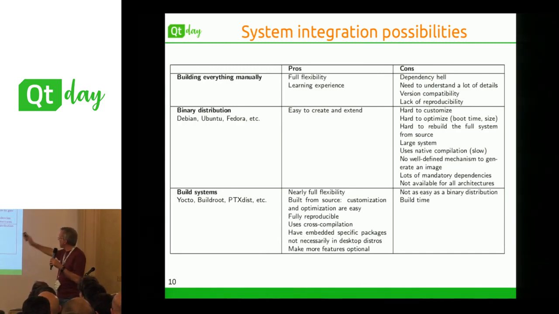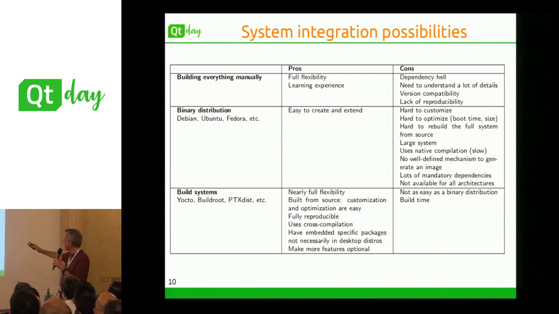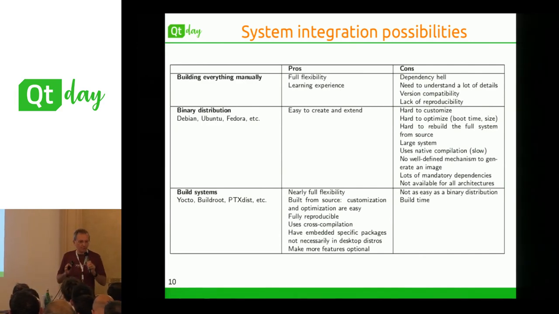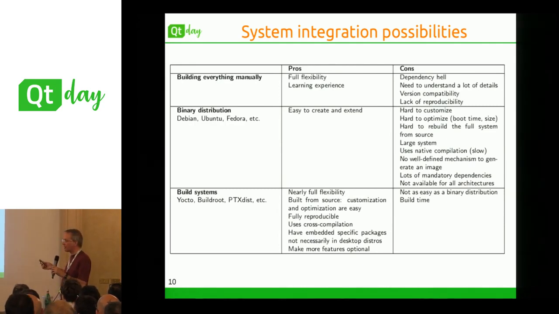The pros and cons of the choices you have are listed here. When you have the binary distribution, you have an easy way to start, but a very hard time cutting off everything you don't need to reduce the size and the memory consumption of your system.